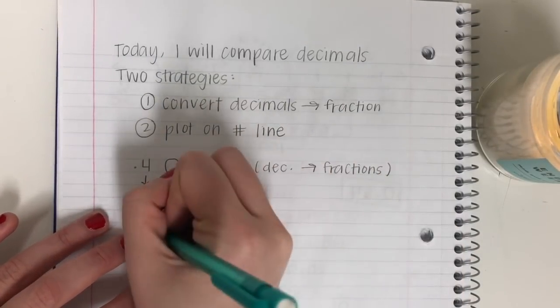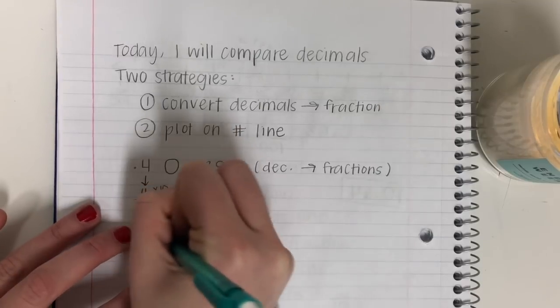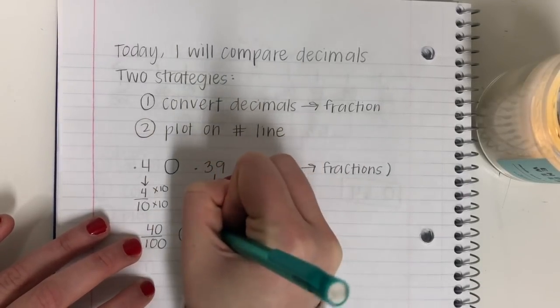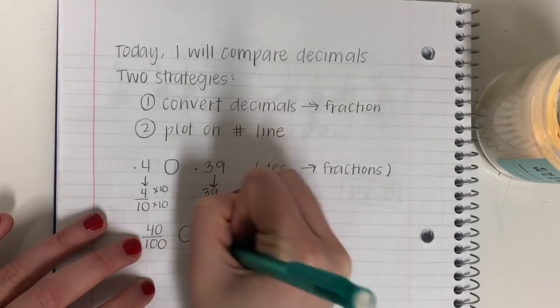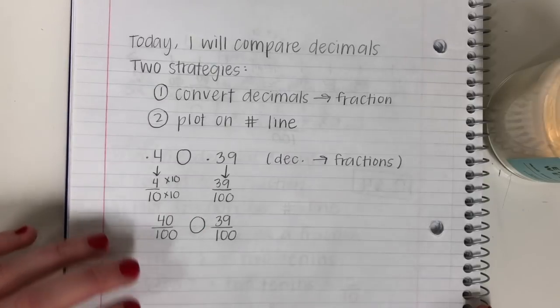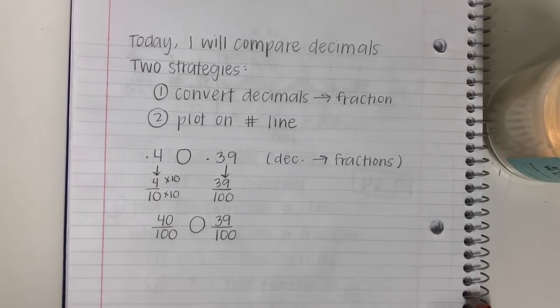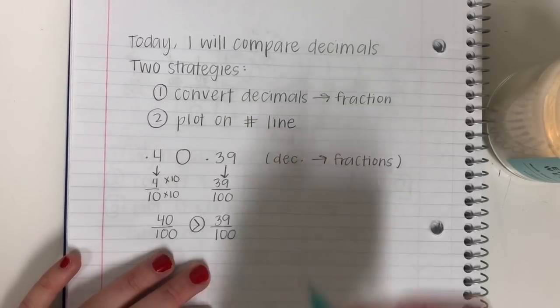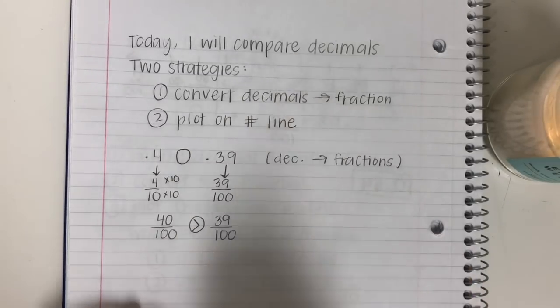So now I have 40/100 being compared to 39/100. So now we can see which one's obviously bigger. We know that 40 is bigger than 39, so I would go like this. So there's one way.